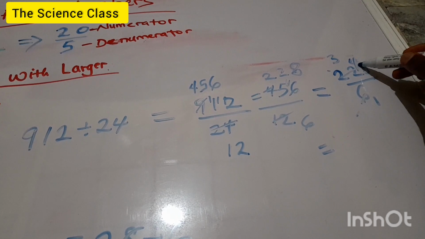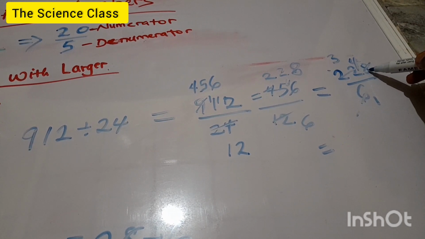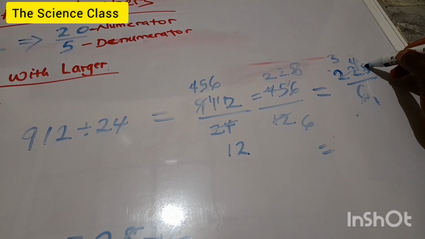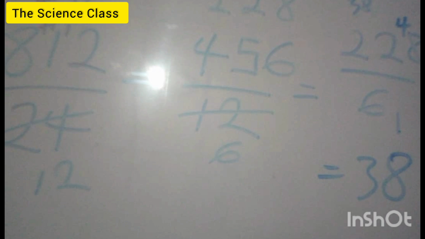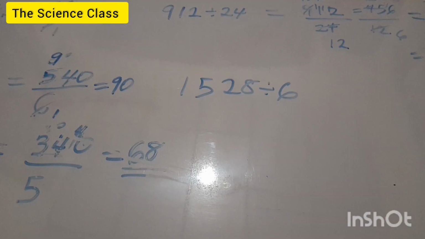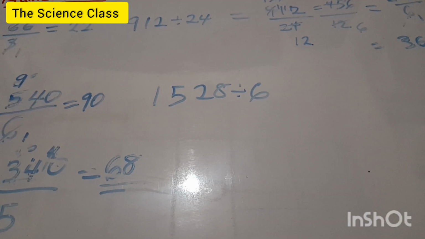So that 4 is added to this 8, making it 48. You call it together, 48. 6 in 48. So the answer is 38. All right. So the next example is 1528 divided by 6.